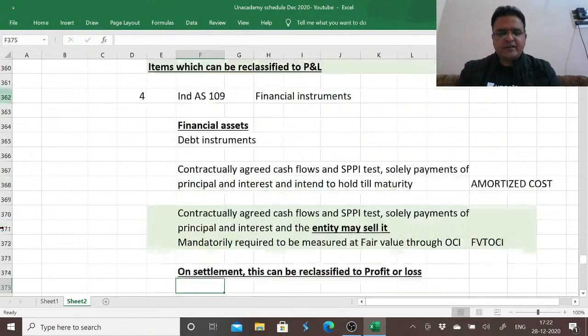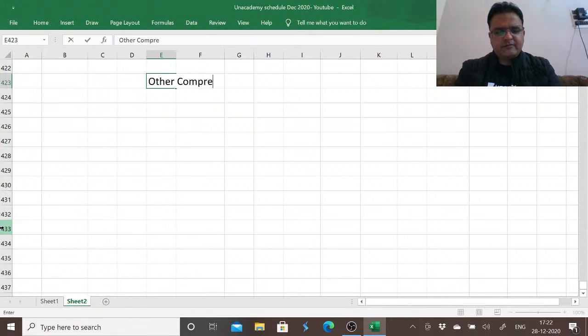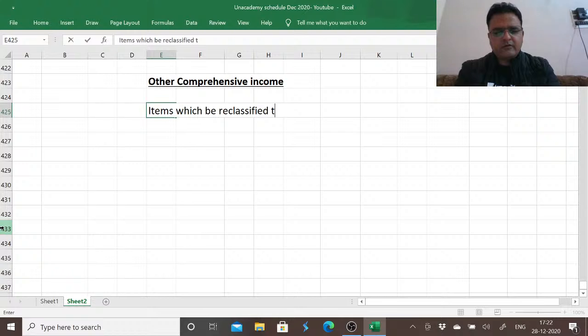So if we summarize, the other comprehensive income is divided into two parts. First, items which can never be reclassified to P&L.